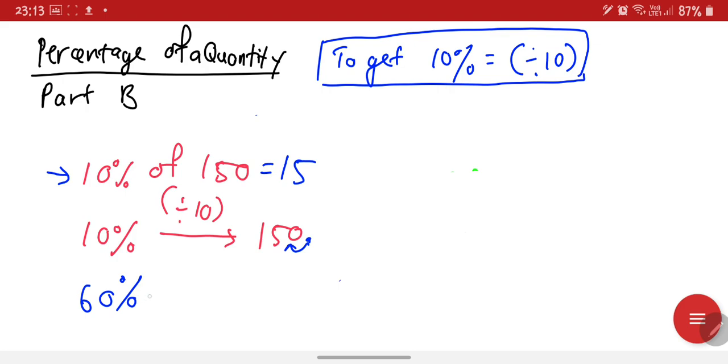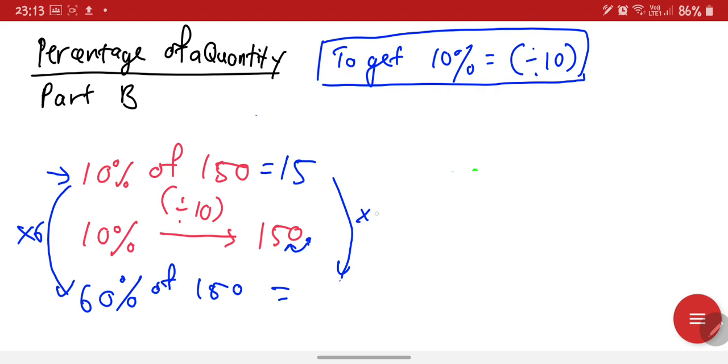So using the same number, 60% of 150, from 10% to 60%, you multiply by 6. So your answer here also you should multiply by 6. Okay, so 15 times 6 is how much? 5 times 6 is 30, 1 times 6 is 6, 6 plus 3 is 9. So your answer is 90.